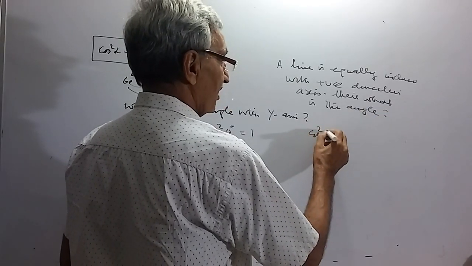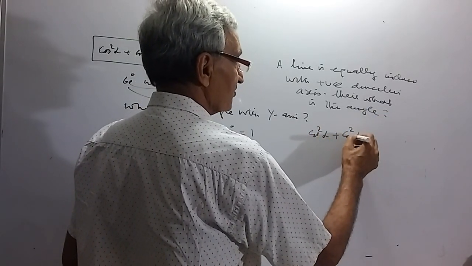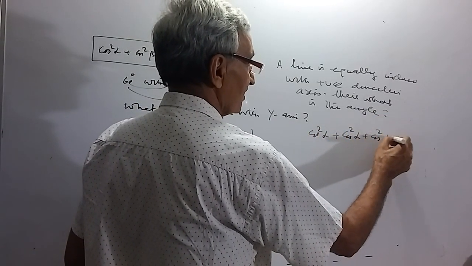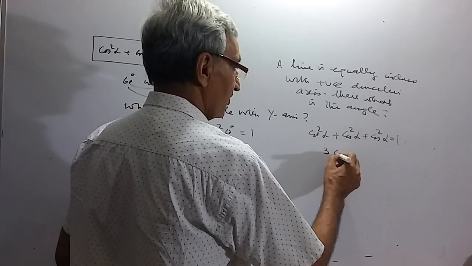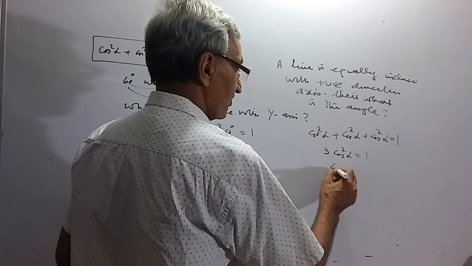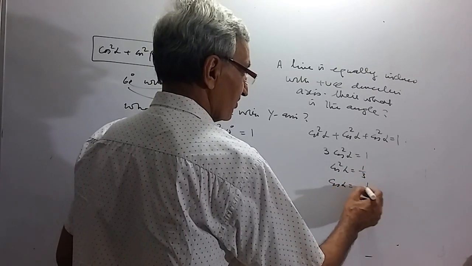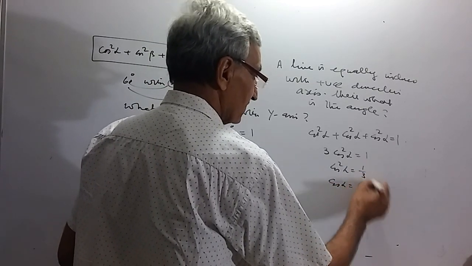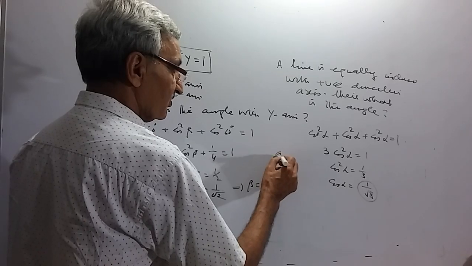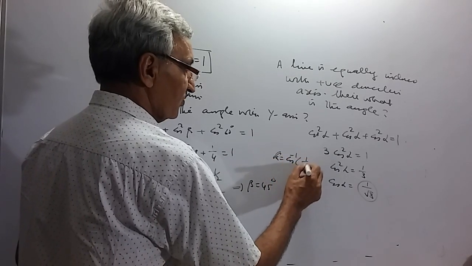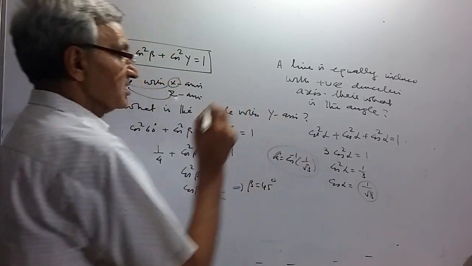Answer: cos square alpha, another is also cos square alpha, another is cos square alpha, is equal to 1. 3 cos square alpha is equal to 1. Cos square alpha is equal to 1 over 3, and cos alpha is equal to 1 over root 3. And alpha is equal to cos inverse 1 over root 3. This is the answer.